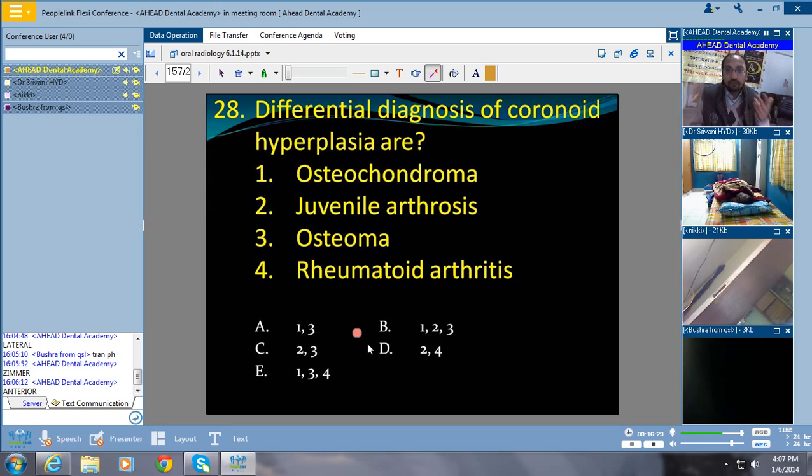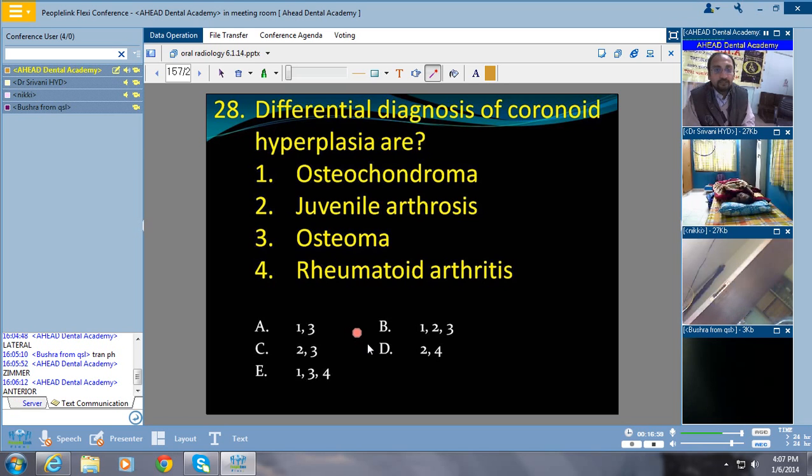So whatever tumor occurs will have its origin either from bone or from cartilage. So most likely the tumor will be chondroma or osteochondroma, which is the most common tumor of the TMJ.